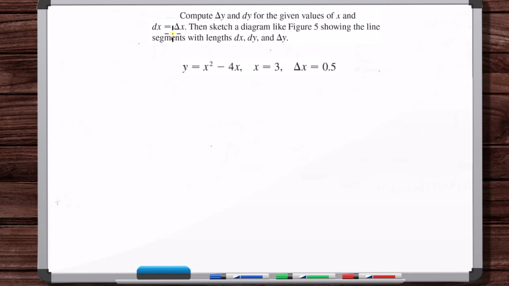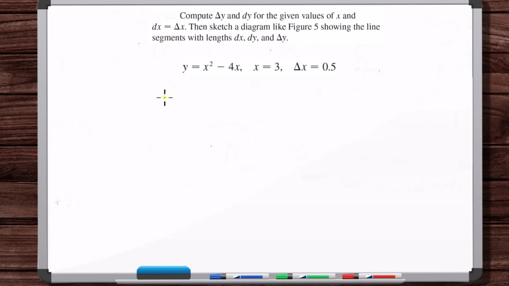It's based on the value that you specify. So if you're trying to calculate the square root of 3.99, you're moving negative 0.01 along the x direction for the linearization or for the function. But the delta y is going to be the actual difference between the function value and the starting point. dy is going to be the difference between the starting point and the linearization.